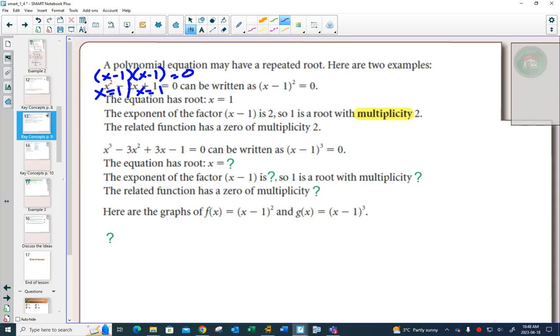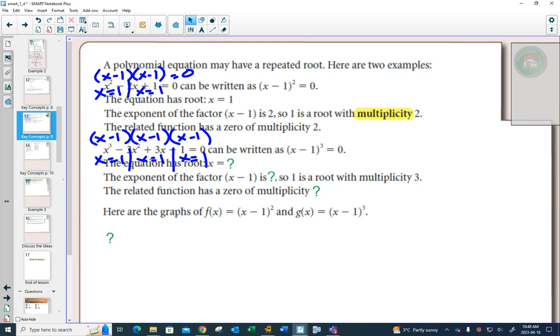Does it show up more than once? Then it has a multiplicity of a number bigger than 1. Like this one, apparently it factors perfectly to x minus 1, x minus 1, x minus 1. So you would get the x-intercept of 1 three times, and we would say it has a multiplicity of 3.